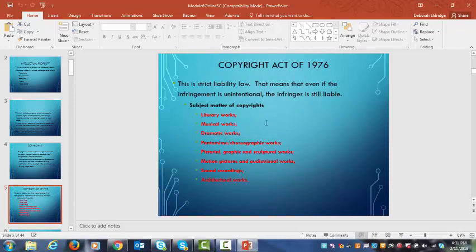Now, the Copyright Act of 1976 governed the items that you see listed in red on this screen. Literary works, musical works, dramatic works, pantomimes, which we don't think about, but choreographic works, which are dance moves, pictorial, graphic, and sculptural works, motion pictures, any audiovisual works, any sound recordings, and even architectural works.